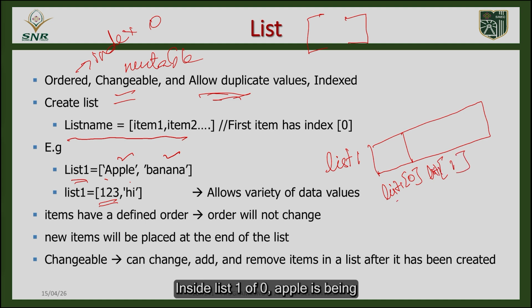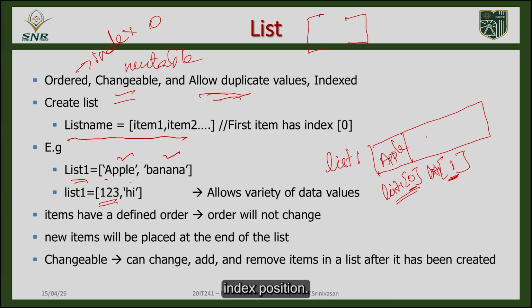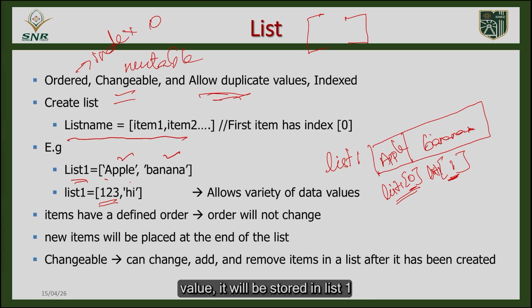Inside list1 of 0, apple is stored, and inside list1 of 1, banana. The values inside these brackets represent the index position. Inside the 0th index position, the first value which we have assigned, apple, is stored, and inside the next one, banana. If you have another value, it will be stored in list1 of 2, and so on.